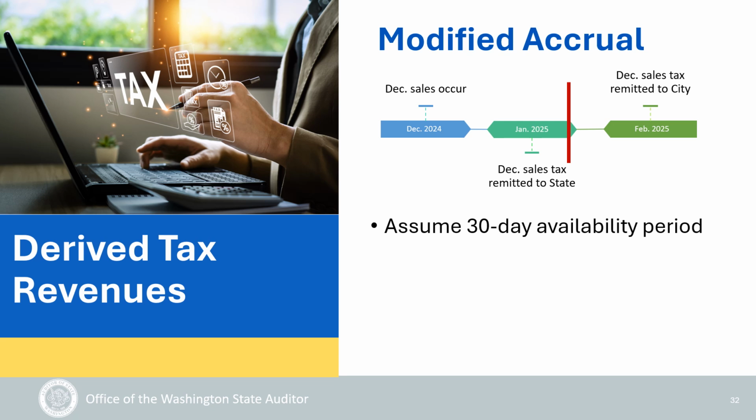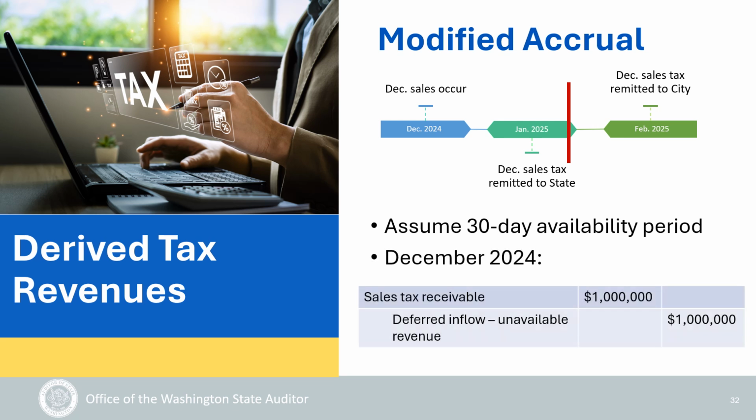So everything receipted after January 30th is not available. Since it's receipted by the city in February, which is after January 30th, it's not available. That means it cannot be revenue under modified accrual accounting. So as of December 31st, the city has a receivable, but no revenue under modified accrual accounting. Instead, they record a deferred inflow for unavailable revenue.